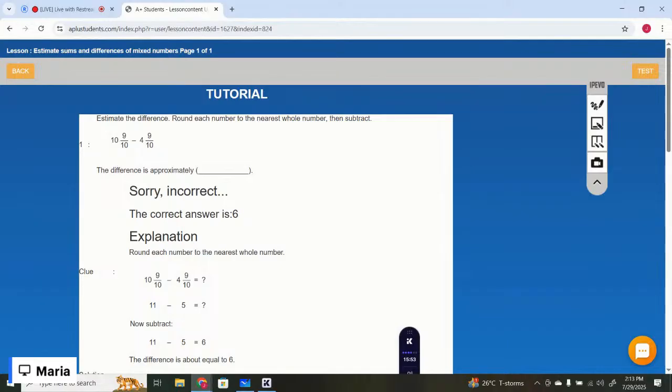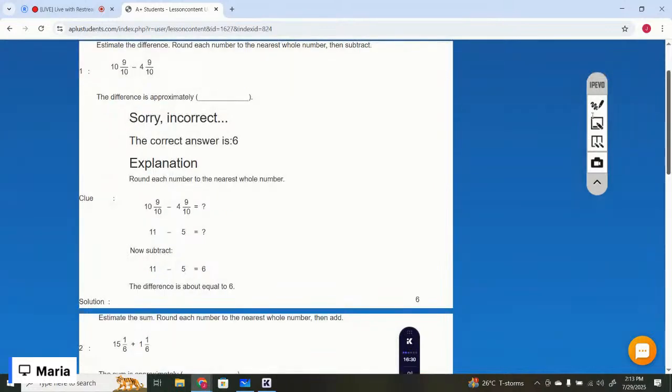10 whole 9 by 10 minus 4 whole 9 by 10. So we need to estimate them first, right? 10 whole 9 over 10. 9 over 10 is greater than half, so it would be rounded off to 11.